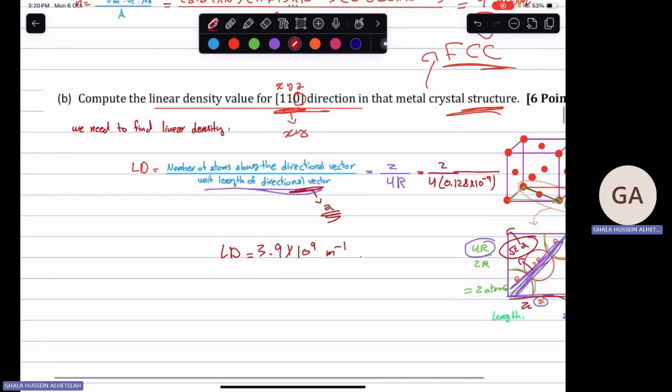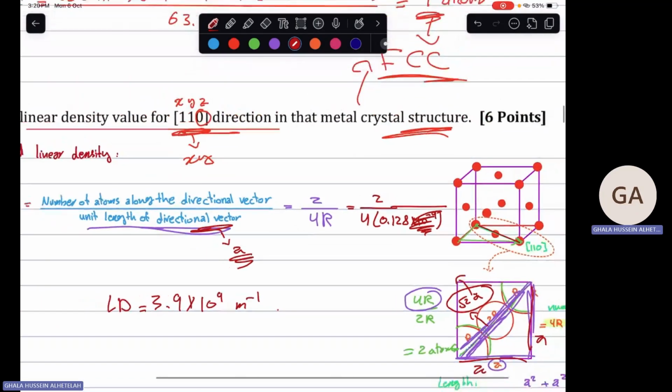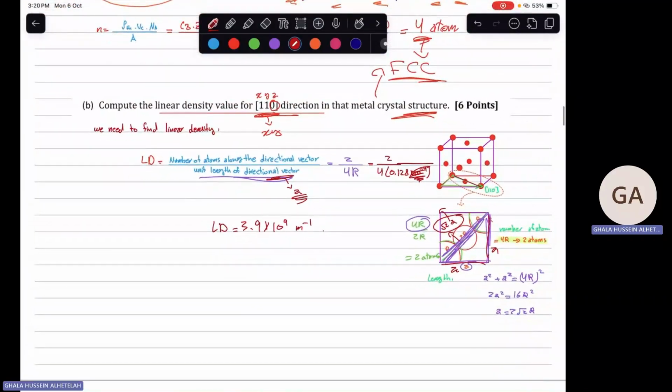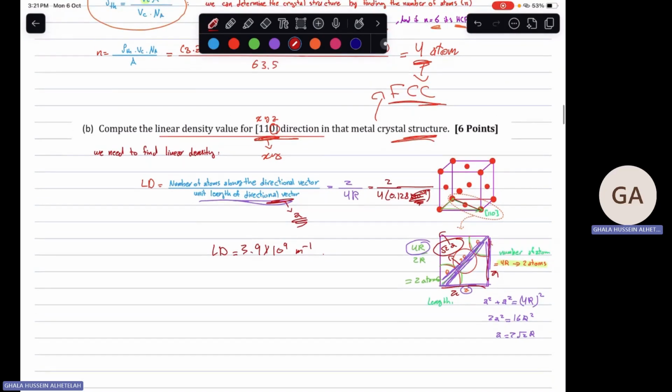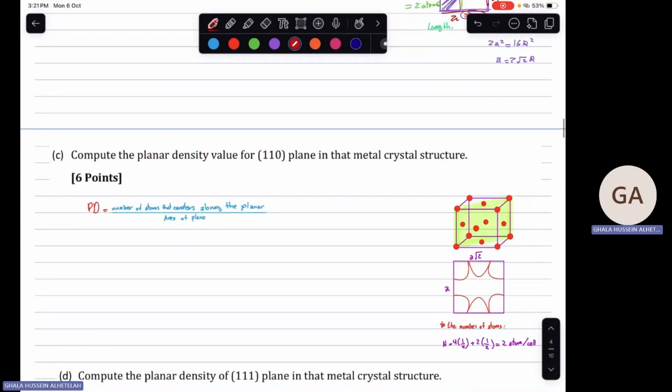Okay, you can convert it also to nanometer, or you can don't convert it to the meter base, so you can get the answer directly in nanometer. It is based on the choices that they give you, or if they ask you to find it in nanometer or meter, so it depends.